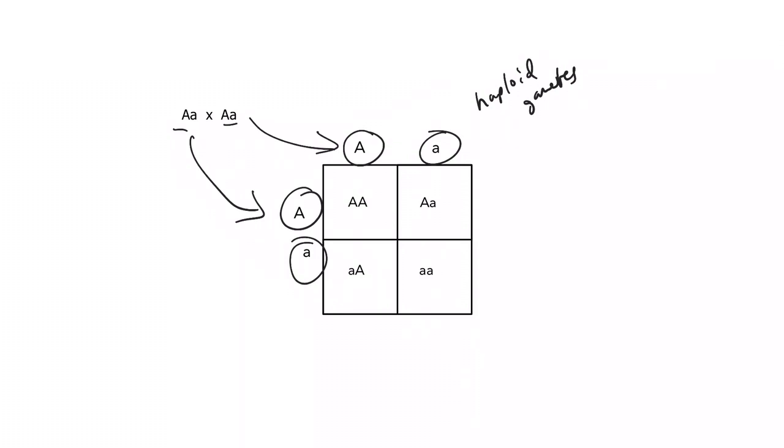So the probability of this individual producing a big A allele in the gametes is simply 1/2. The probability of producing a little a is also 1/2. So half of the gametes are going to be big A and half are going to be little a. Then we put them together and produce probabilities for these different genotypes in here.